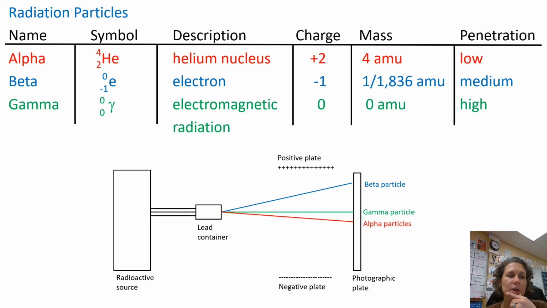And then the last one is gamma. It's represented by that funny little Greek symbol. It kind of looks like a y or like an r, even, if you wrote it a certain way. 0, 0 for the numbers. It is most like electromagnetic radiation, looks like an X-ray. No charge, no mass. Very much harder to stop than the other two, but you can stop it with several layers of lead.